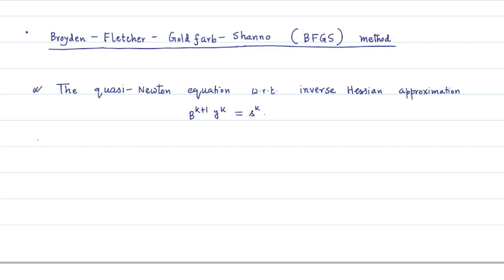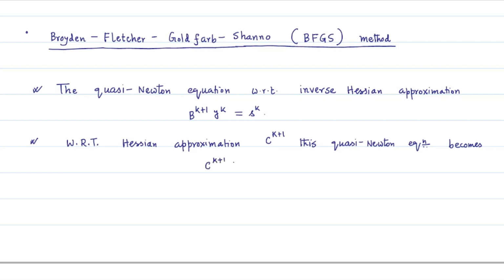Then this quasi-Newton equation with respect to an approximation of the Hessian, say an approximation at the point xk plus 1 as Ck plus 1, becomes, with Bk plus 1 inverse on the right hand side, Ck plus 1 sk is equal to yk.